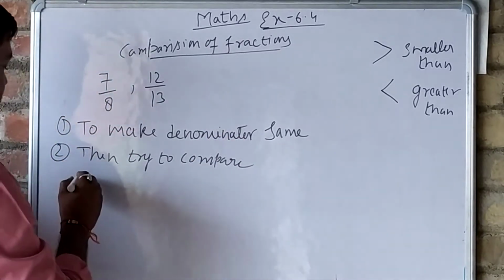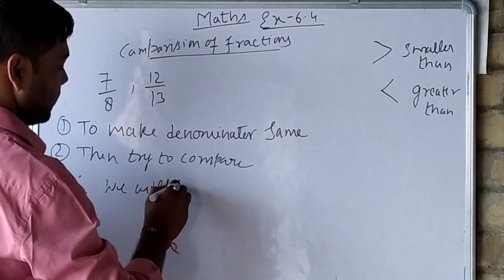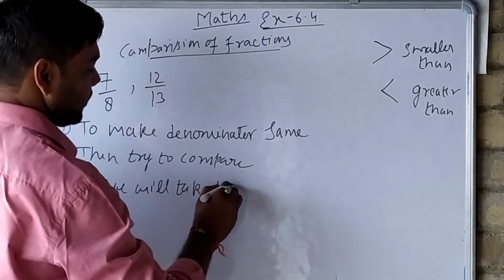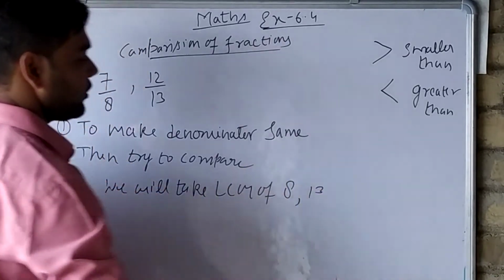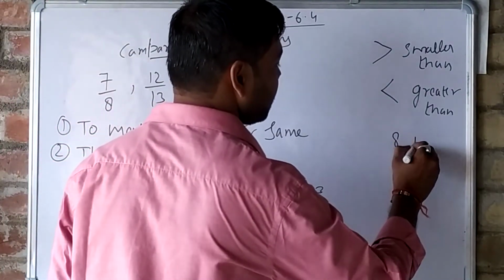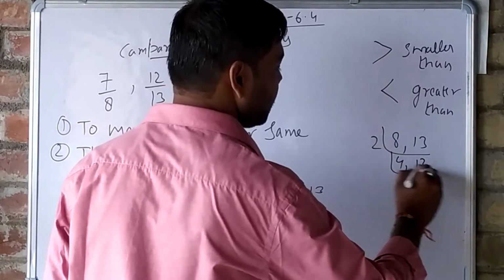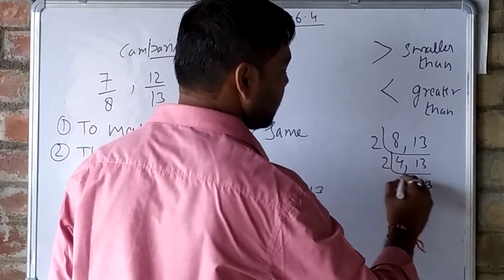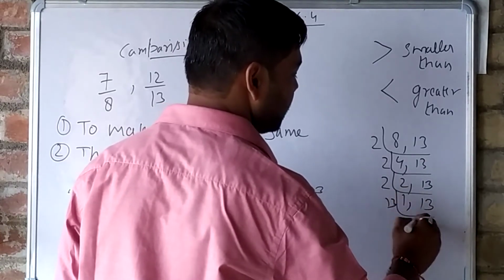So what we will do, we will take the LCM of 8 and 13. So see here, 8 and 13, 2 4s are 8 and 13, 2 2s are 4, 13, 2 1s are 2, 13 and 13 1s are 13.